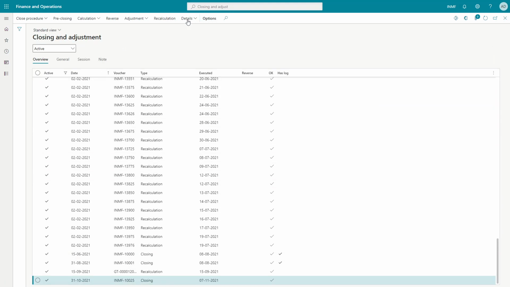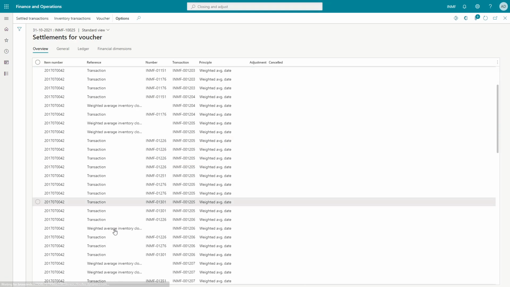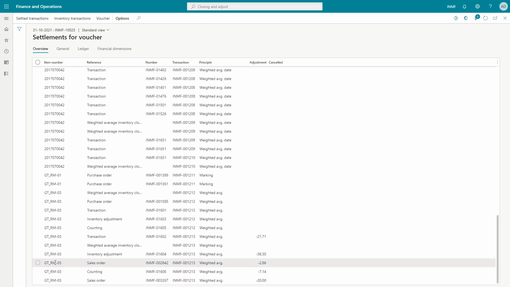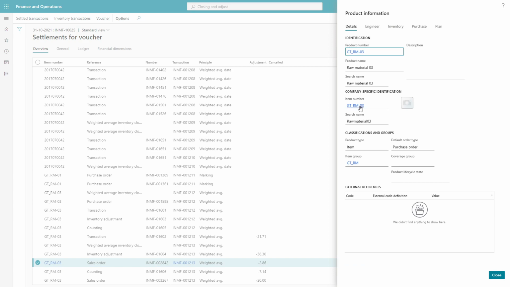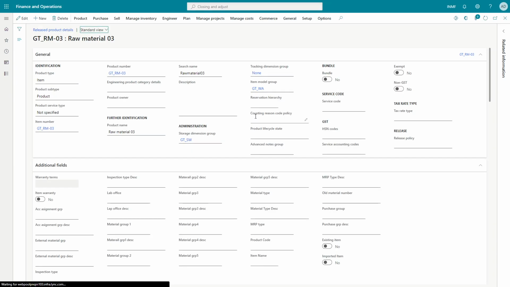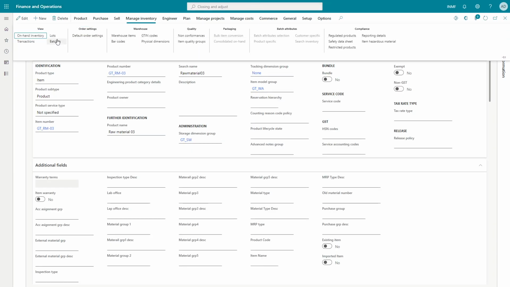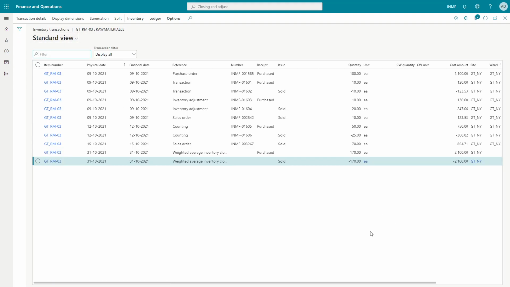From here I will go to that item, manage inventory and transactions.